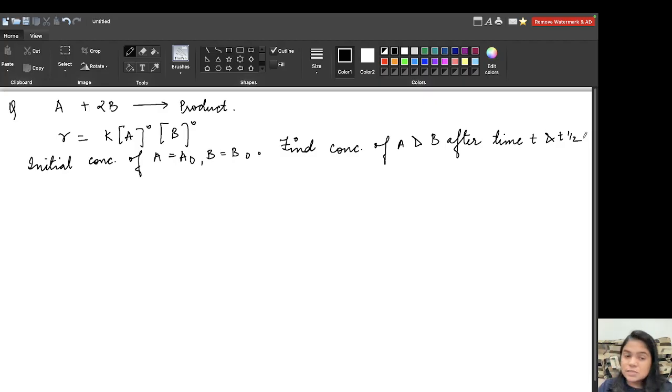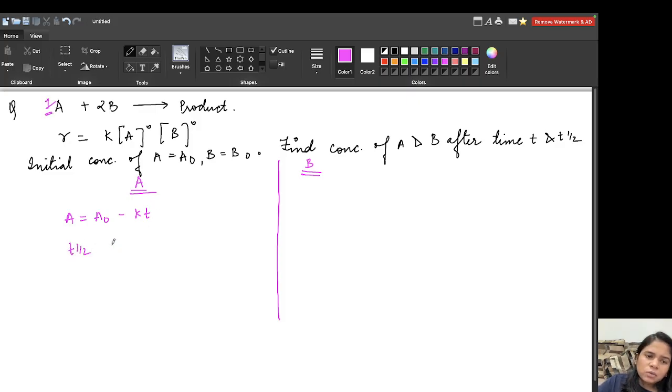Okay, same thing. You know A is equal to A naught minus KT. See, the only thing is we just need to separate the A and B reactions. So A is equal to A naught minus KT. Now K doesn't have a coefficient, it is 1 only, so we'll just put 1, and T half will be equal to A naught by 2K.